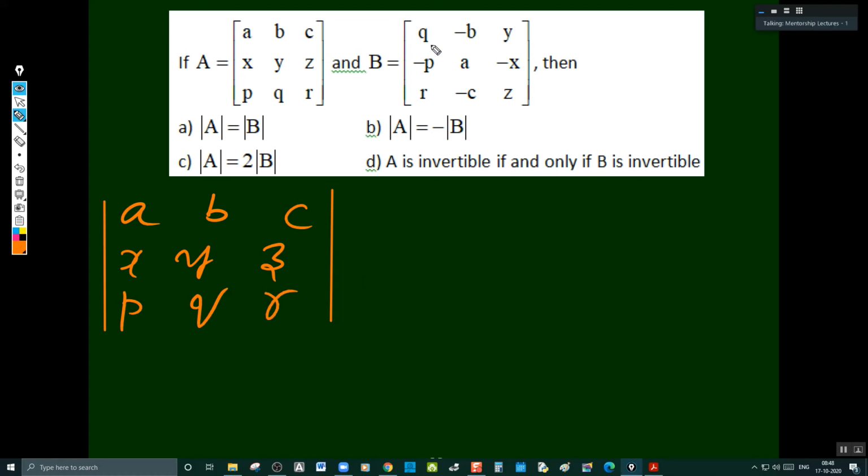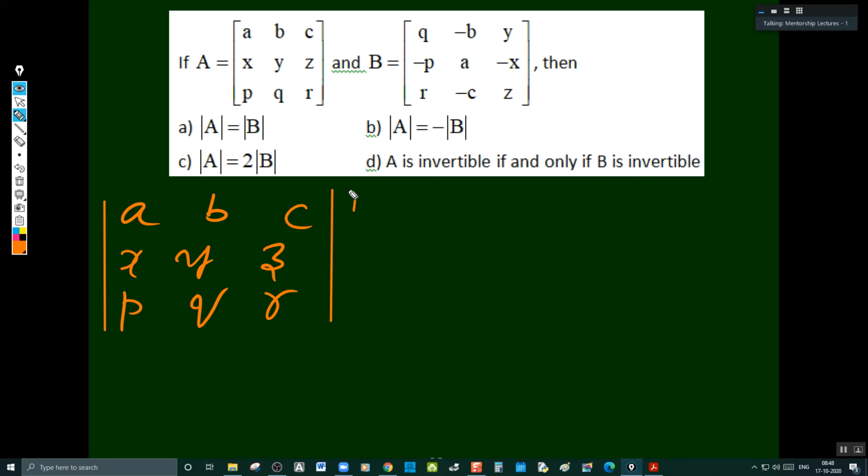So if you observe this carefully, PQR is here and PQR is here. So let us find out first how to get this. Anyone, what is to be interchanged first? Or first of all, you find out the transpose, that will be better.